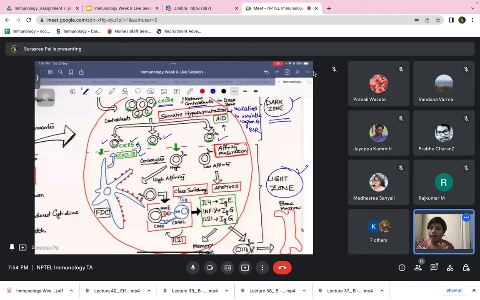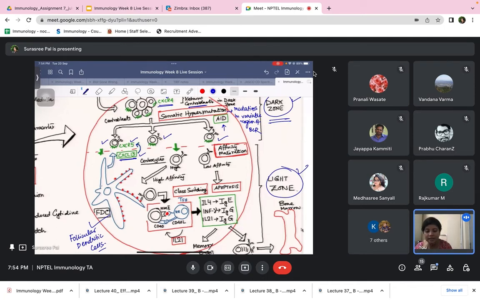Since the activated B cells now express CXCR5, they will be attracted towards the light zone, where CXCL13 is expressed by the follicular dendritic cells. These follicular dendritic cells reside in the light zone, right? And they express this CXCL13, which attracts the centroblasts to the light zone.